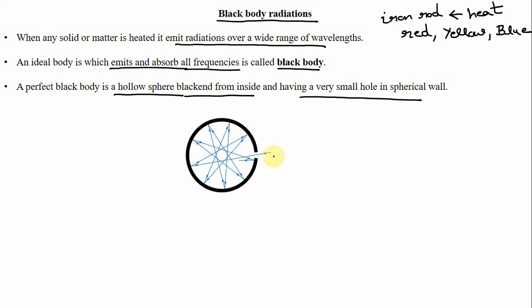So when light, or electromagnetic radiation of any wavelength, enters inside this perfect black body, all these radiations are absorbed and none of it escapes. When we heat this black body, all these absorbed radiations will be emitted. Such a body is called a black body, which can emit and absorb all frequencies of radiations.